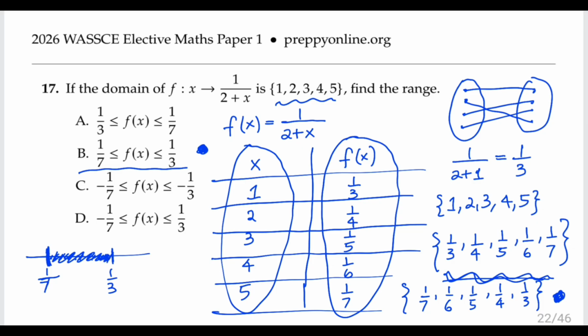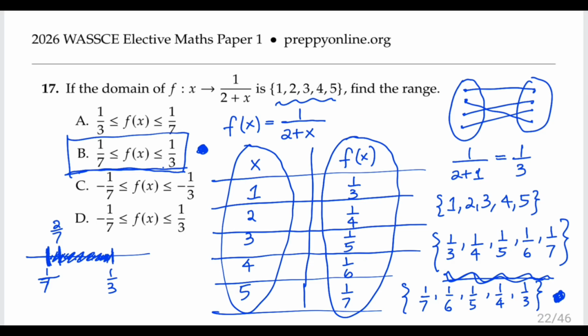Well, take a number like 2 over 7, let's say it is somewhere here. If you claim that the answer is B, then a number like 2 over 7, which is in this interval, must be in the range.